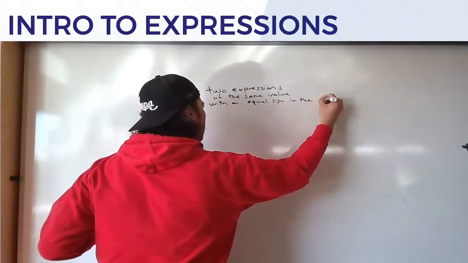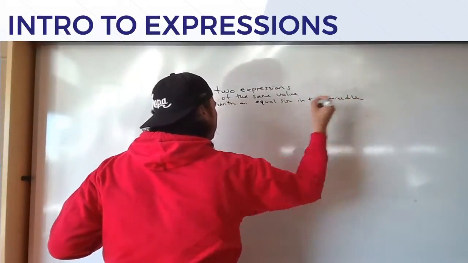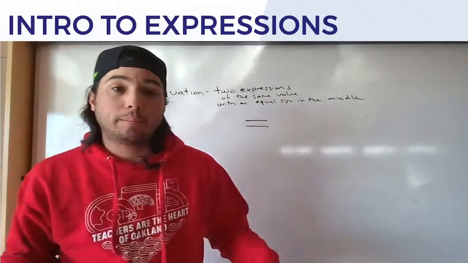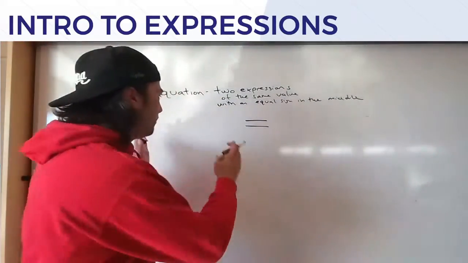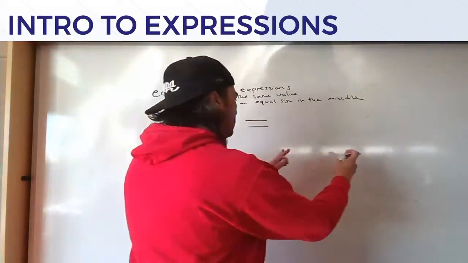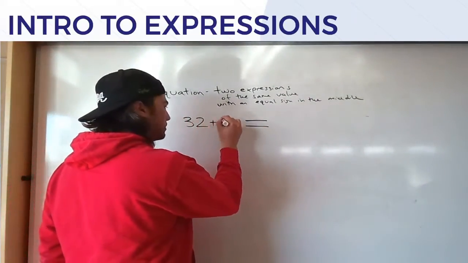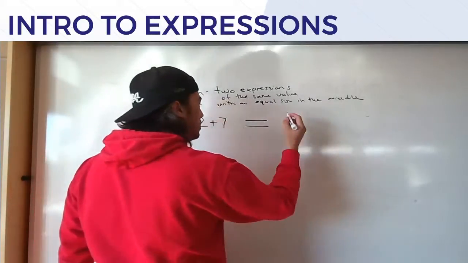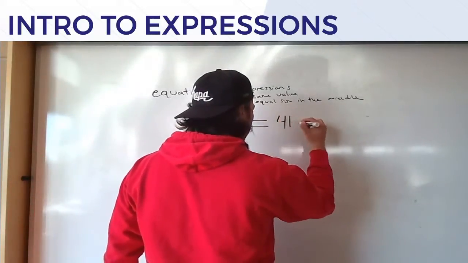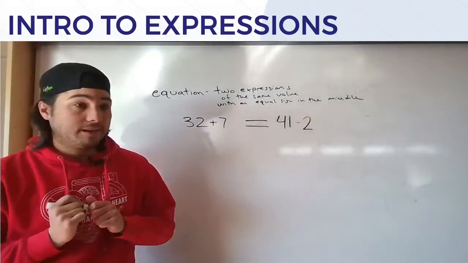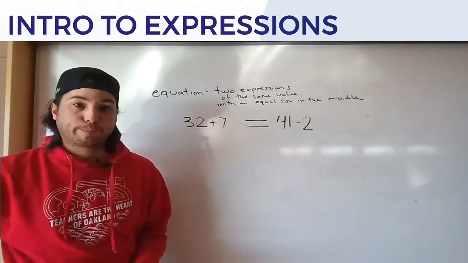So this equal sign, really thinking about the same value, is going to be on the left as it is on the right. 32 plus 7 equals 41 minus 2. This is an equation.